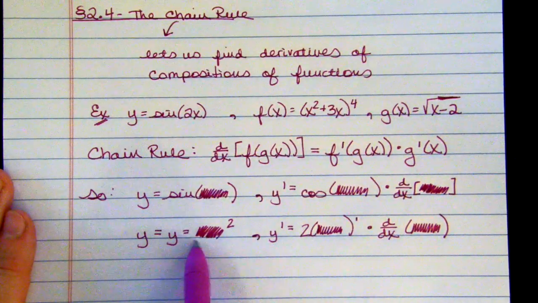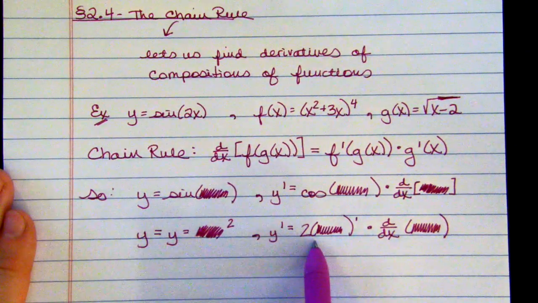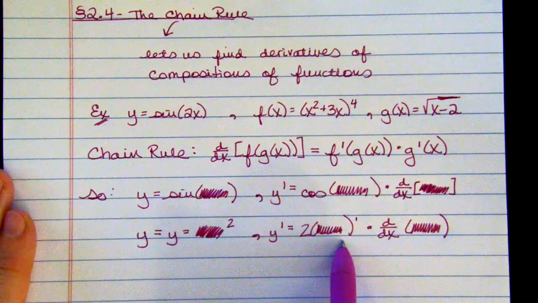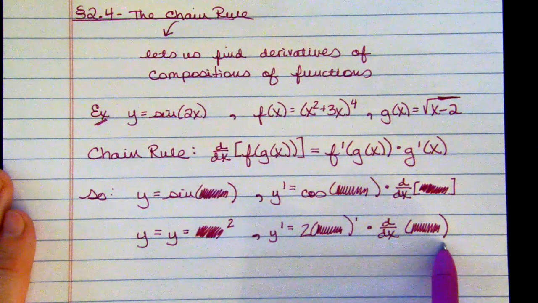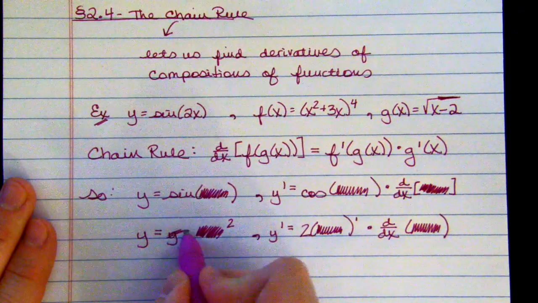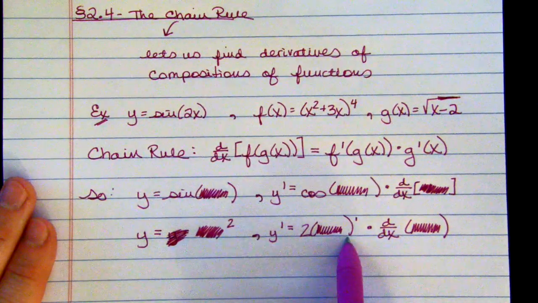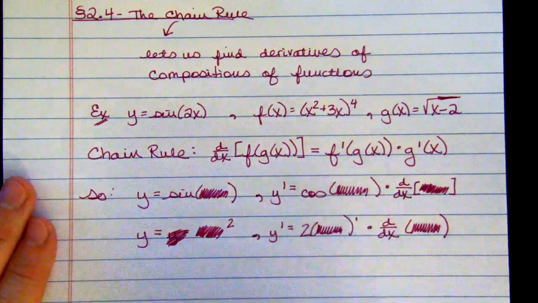I'm taking the derivative of my outside function, which in this case is the square, 2 times the thing inside, and then I'm going to multiply by the derivative of the thing inside. Sorry, I don't know why I have two y equals over there. Y equals something squared. Y prime equals 2 times that thing to the first times the derivative of the thing inside.